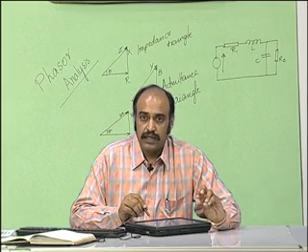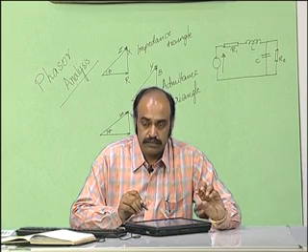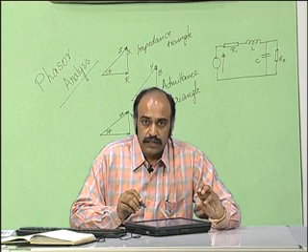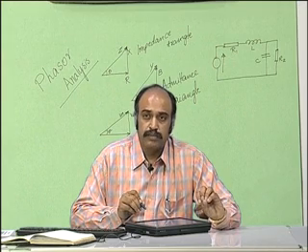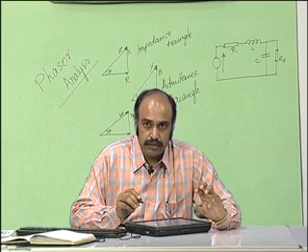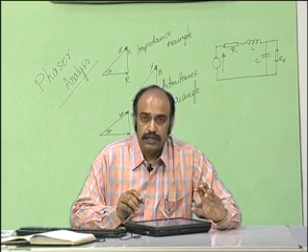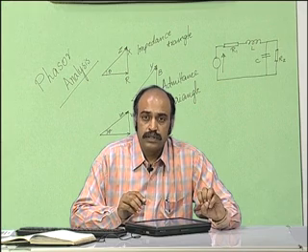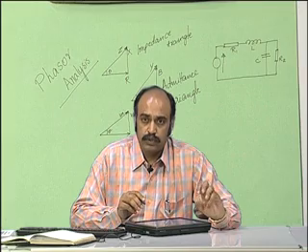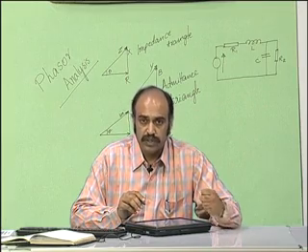The power triangle is a pretty important triangle in the sense that it gives good information about the amount of active power and about the amount of the reactive power that a particular circuit contributes, and what should be the amount of power, apparent power, that has to be drawn from the mains, which means what should be the source ratings.